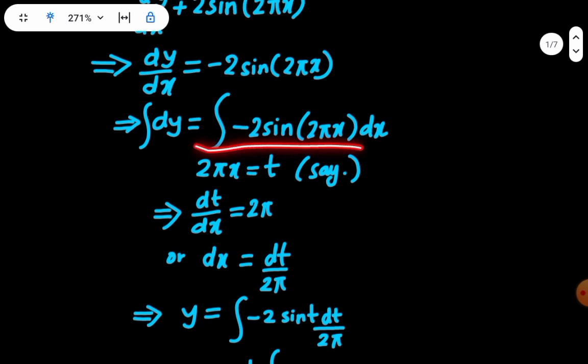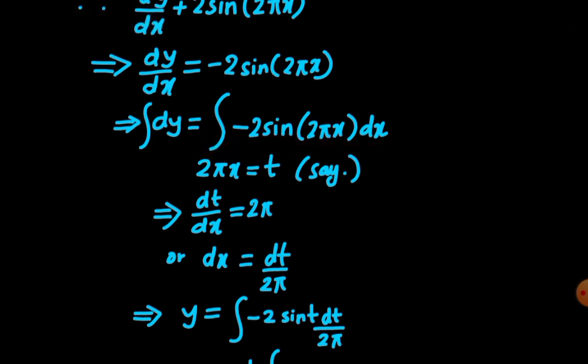Now, how to solve this integral? First, we just need to say t equals 2 pi x, and hence if we differentiate t with respect to x, we get 2 pi. Hence, we get dx is equal to dt by 2 pi.